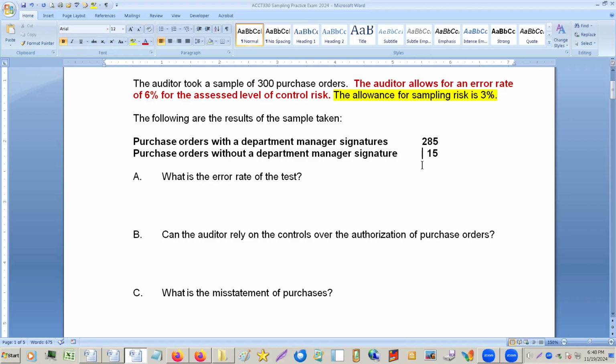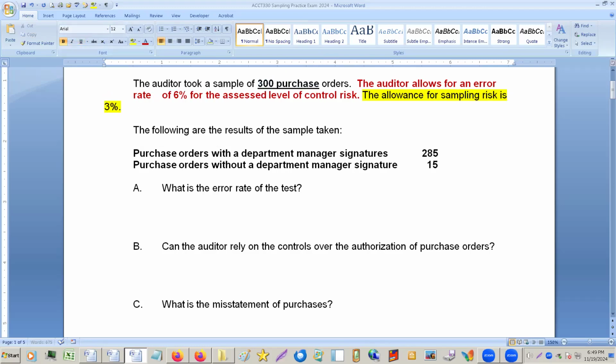So what's the error rate? 5.26%. I think it's just 5, it's out of the 300. Hold on. Oh, I goofed up my spacing again.